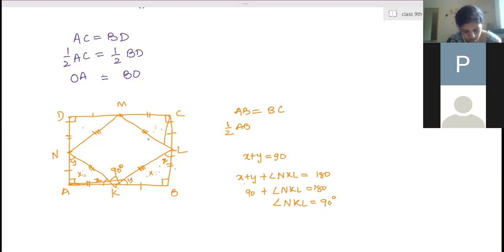Ma'am, here if I join the diagonals, I'm also not getting a triangle. It is already a parallelogram. E and F are only the midpoints, no other midpoints.